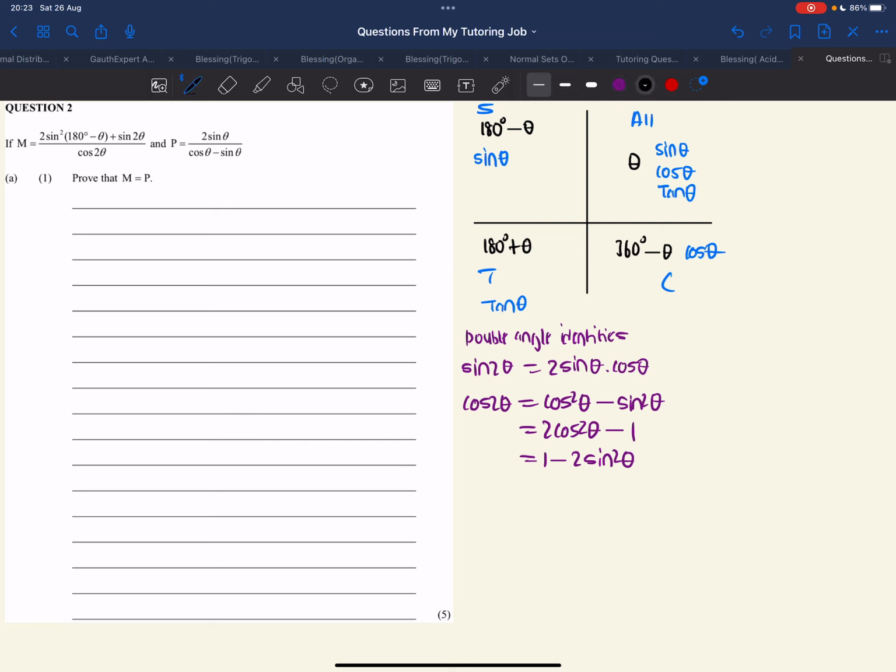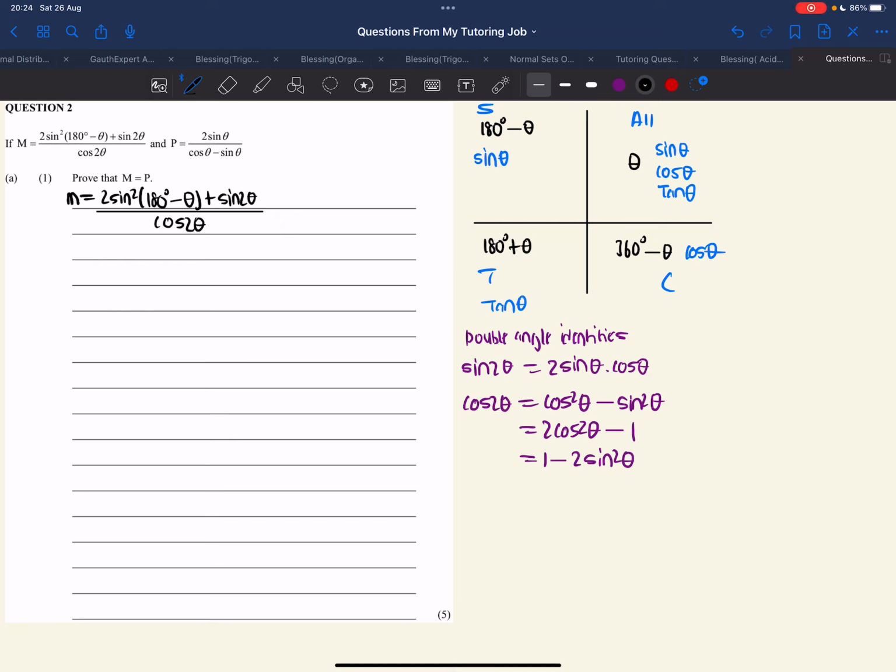Now, to do the question, we are given that m is equal to 2 sine squared (180 minus theta) plus sine 2 theta, all over cos 2 theta.